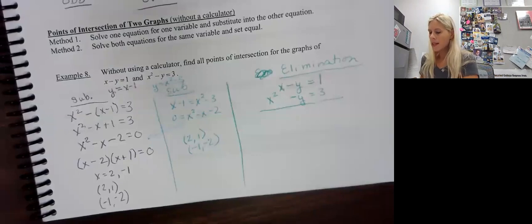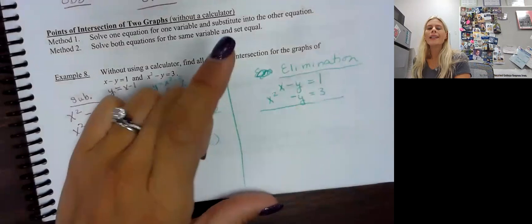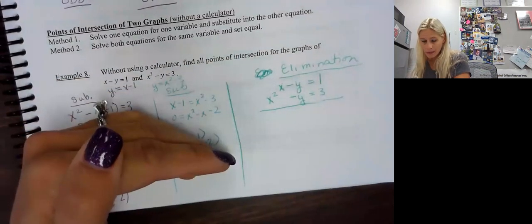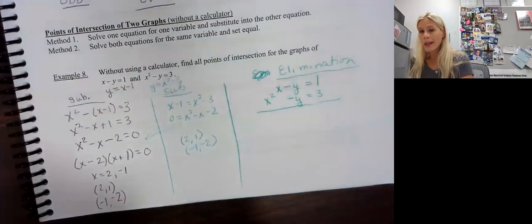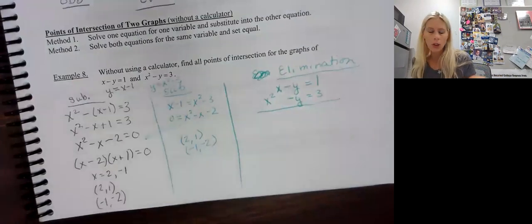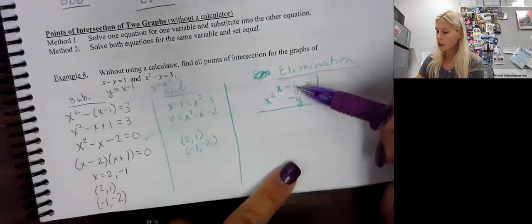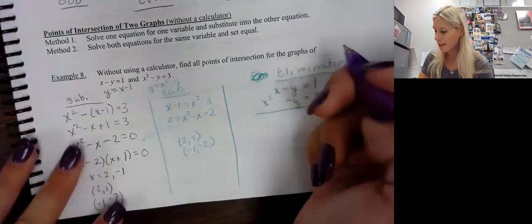Okay. Now, because they are the same, I need to subtract it. Or I can multiply by something and make it so I add, because adding is so much easier, right? So if I look, I can multiply the top one by a negative.